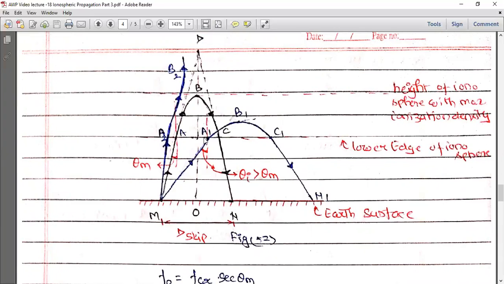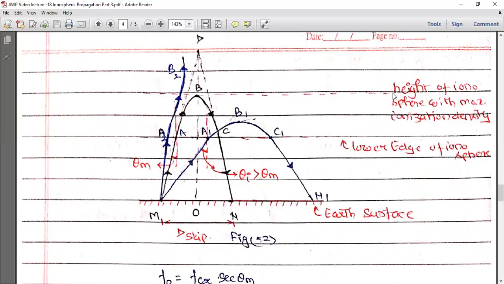In this figure, here is the Earth surface. As you can see, this second layer is the lower edge of the ionosphere. There is no ionosphere below this, and the ionosphere starts from this layer and above. This height is the height of the ionosphere with maximum ionization density, as we have assumed.